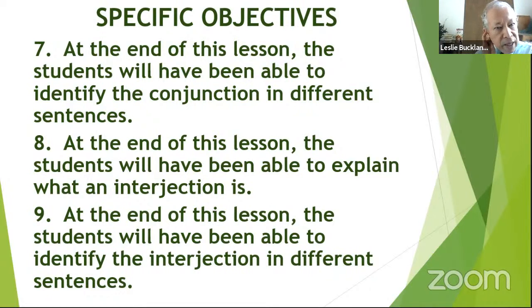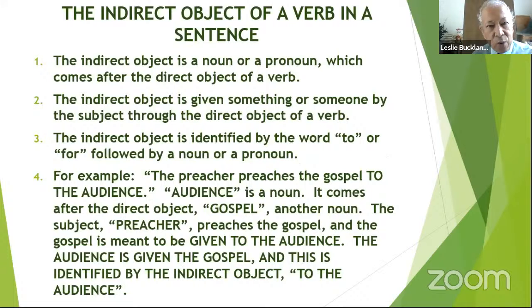So the indirect object is a noun or a pronoun. Just like the direct object can be a noun or a pronoun, the indirect object is a noun or a pronoun which comes after the direct object of a verb. It doesn't come after the verb immediately, but it comes after the direct object of a verb.